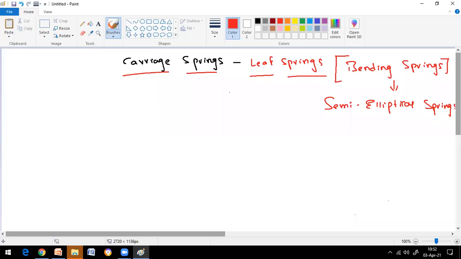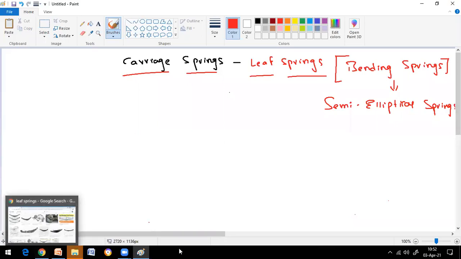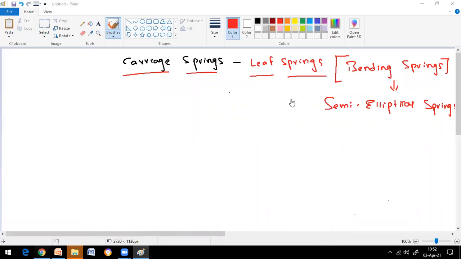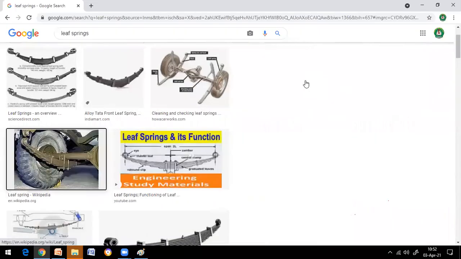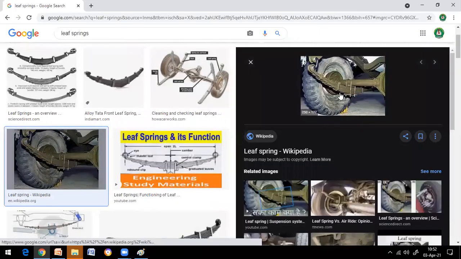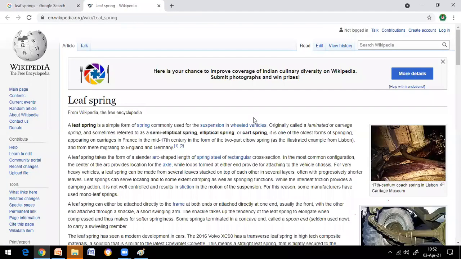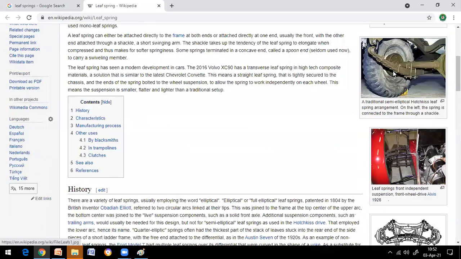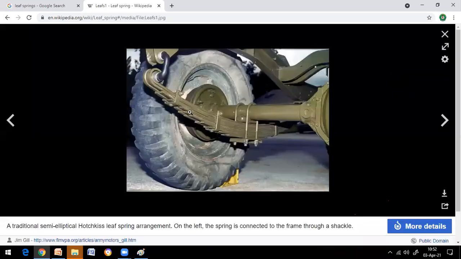Let me show you how these leaf springs look. This is the application. If you see any vehicle, you can observe the leaf spring below the axis of the vehicle.